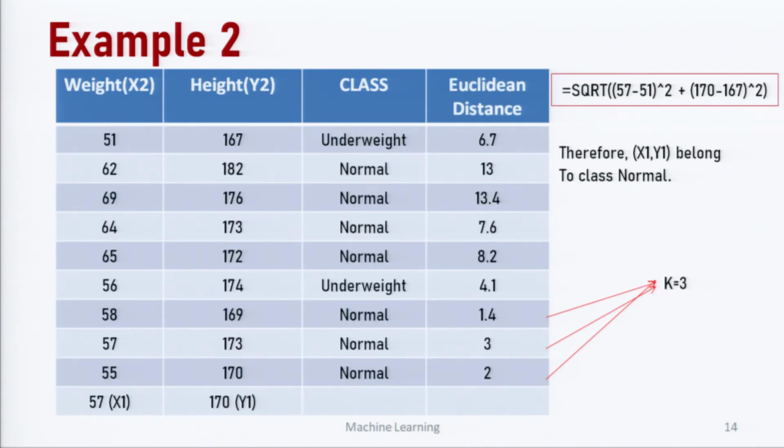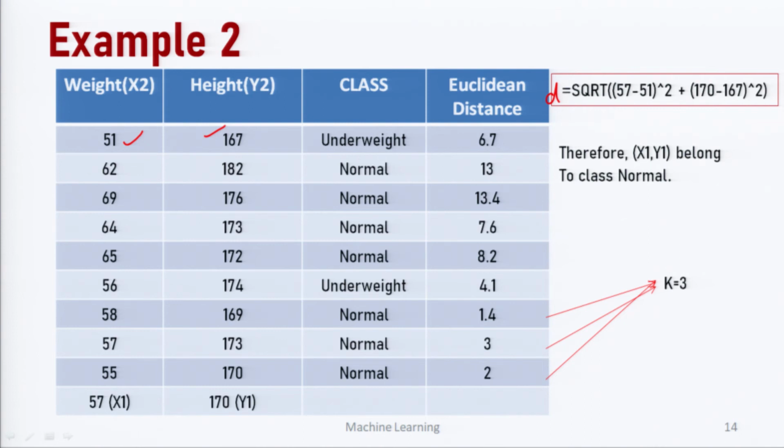Now, let us take another example where the weights and heights of a class of people are given, and based on the weight they are classified as underweight or normal. Similarly, we will take these two parameters and do the Euclidean distance calculation, and based on that we will arrange them in ascending order.